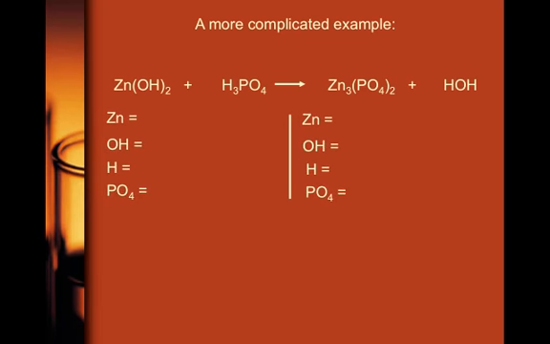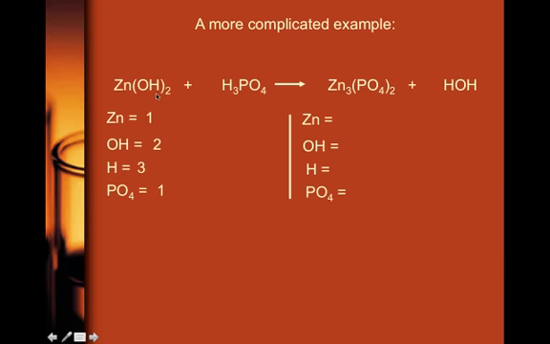So we have zincs, OHs, H's, and phosphates, PO4s, because we have phosphate on both sides as well. Okay? Now, do your counts. We have 1 zinc, we have 2 hydroxides, we have 3 hydrogens, we have 1 phosphate. So, again, be careful if you do this.